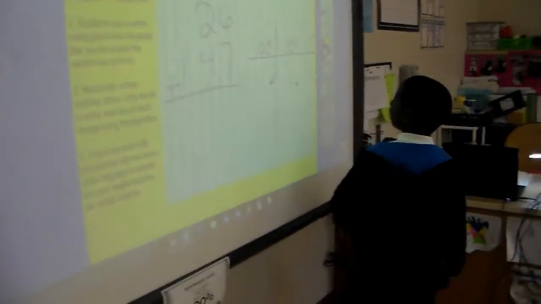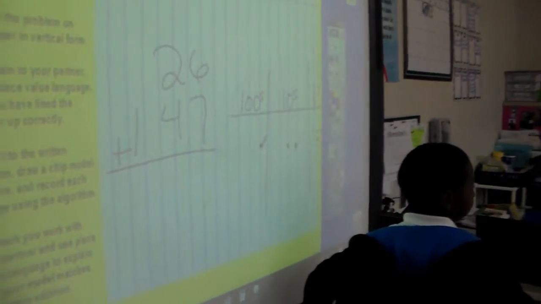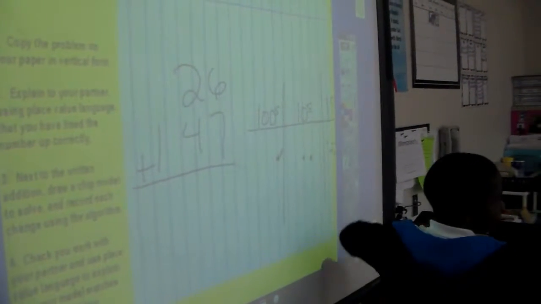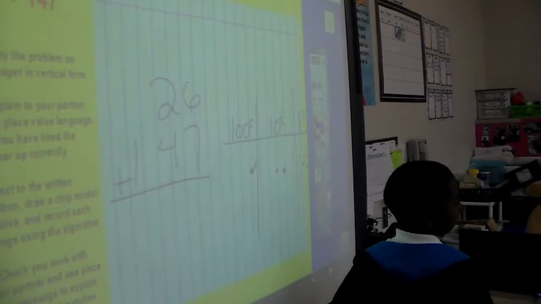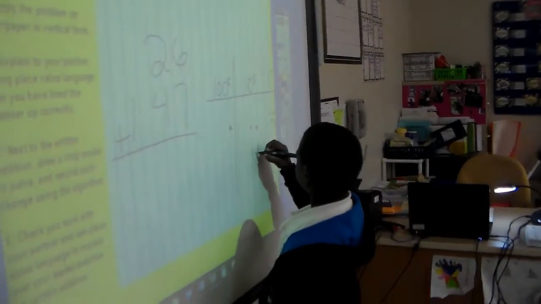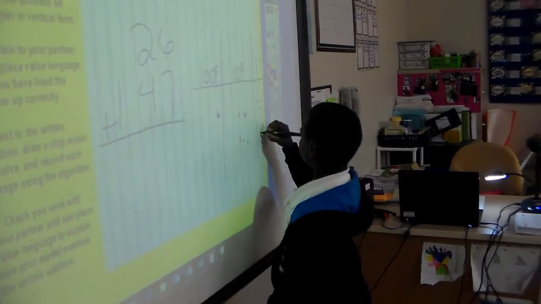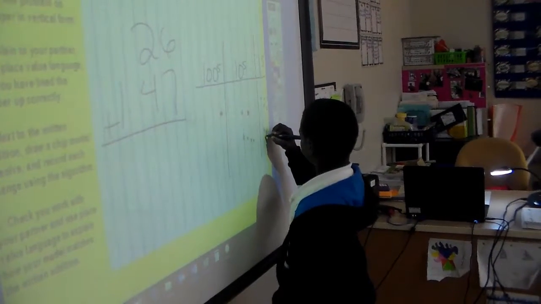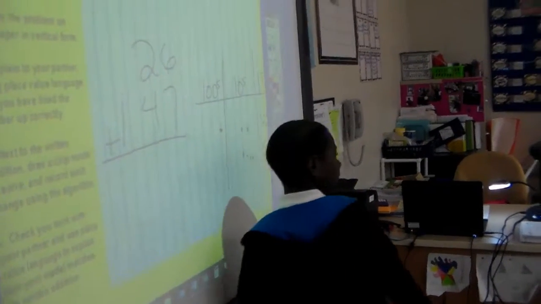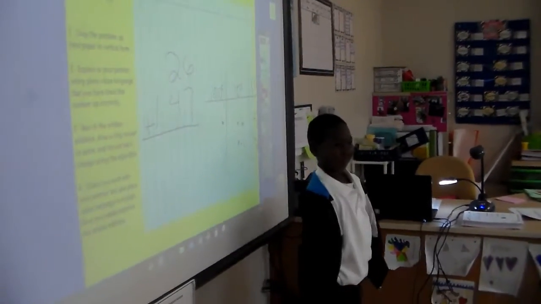I'm drawing 100. 147 is the second number. And so what are you going to draw on that place value chart? 114 is the second one. Okay, go ahead. Good job, Rod. Okay, now what?